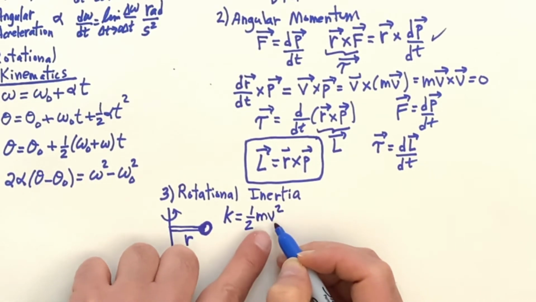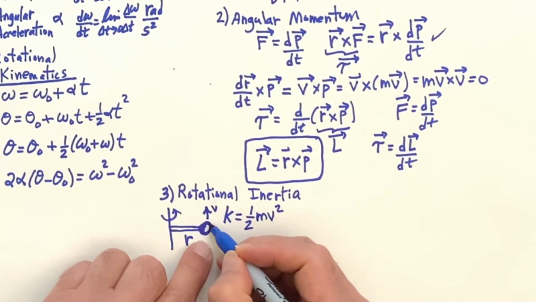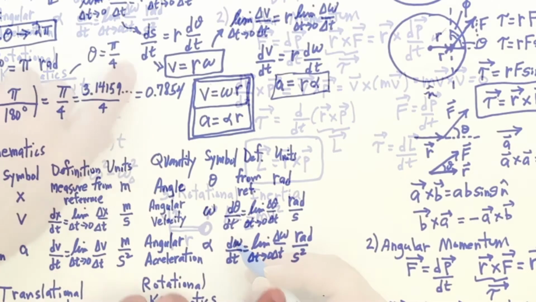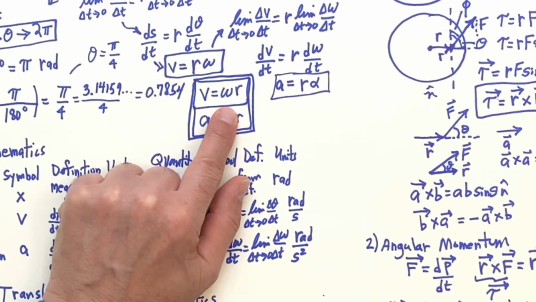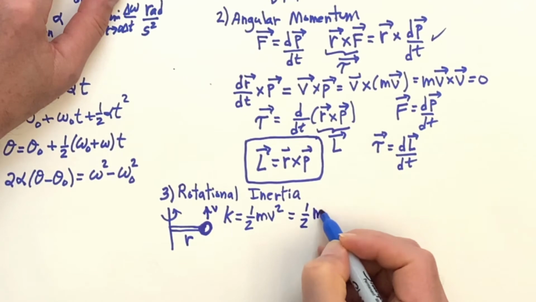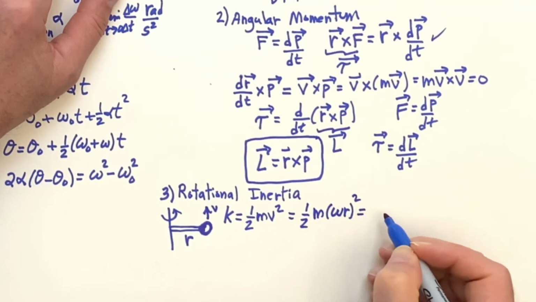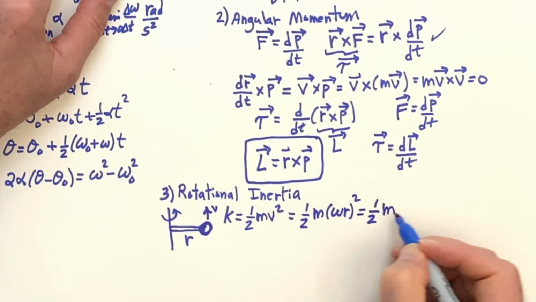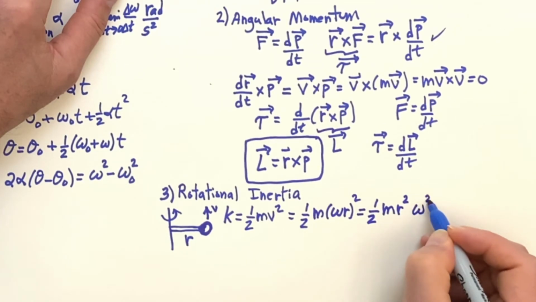But we know that the v of this mass going in a circle is related by omega r from our earlier section. So this is 1/2 m omega r squared, and this is equal to 1/2 m, I'll put the r squared first, and then the omega squared.